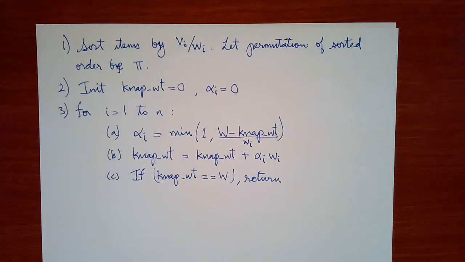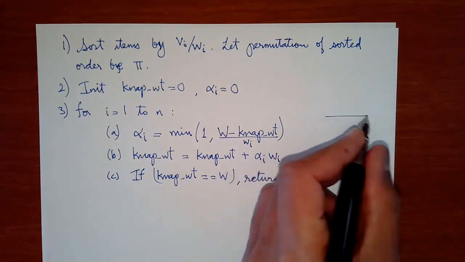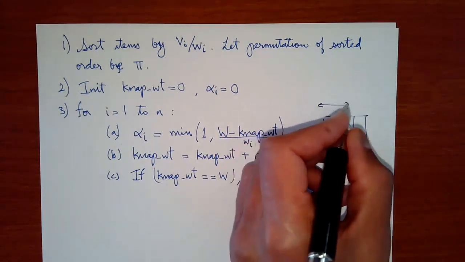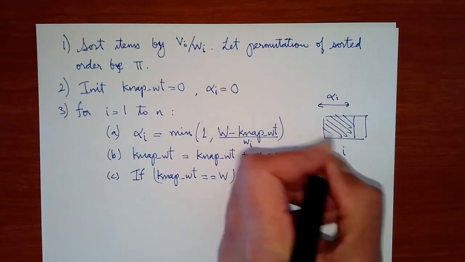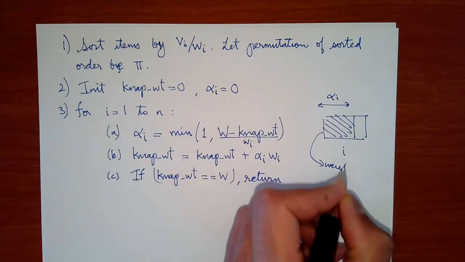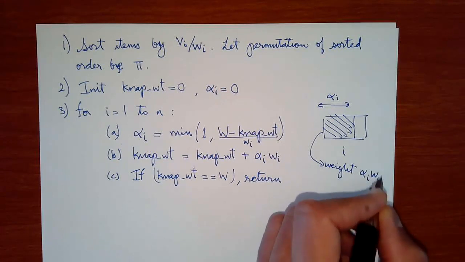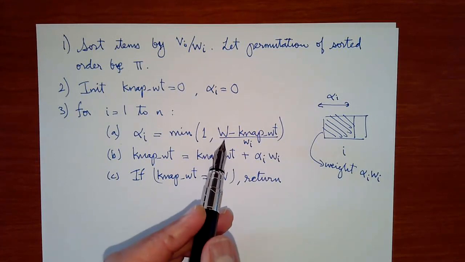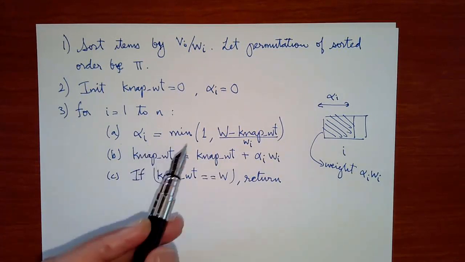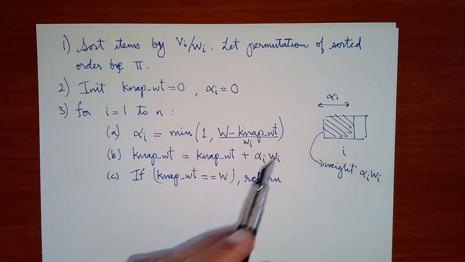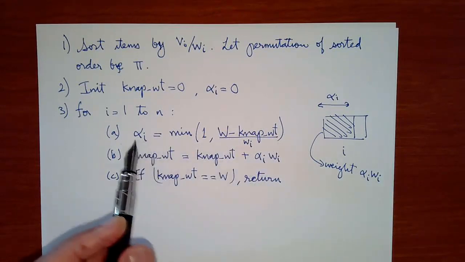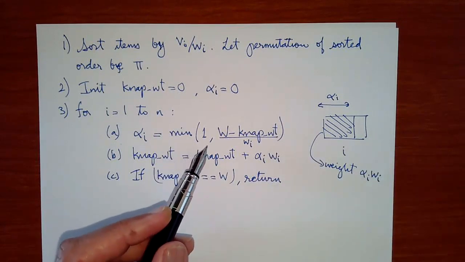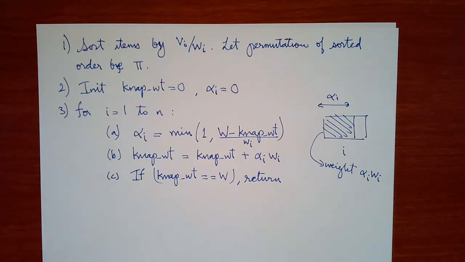So this is basically saying that when you look at the ith item, if you chose alpha i, the weight is alpha i wi. If the total weight is less than what is left in the knapsack, then you just take the appropriate fraction. Otherwise, you just set it to be 1. Then you update your knapsack weight and go ahead.